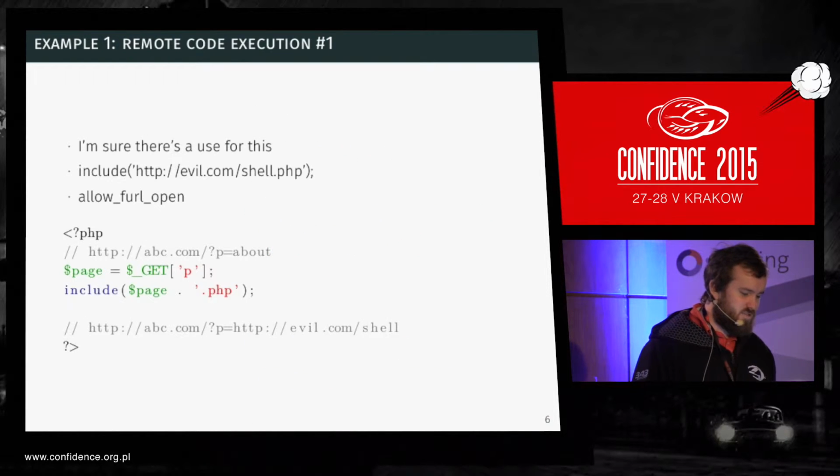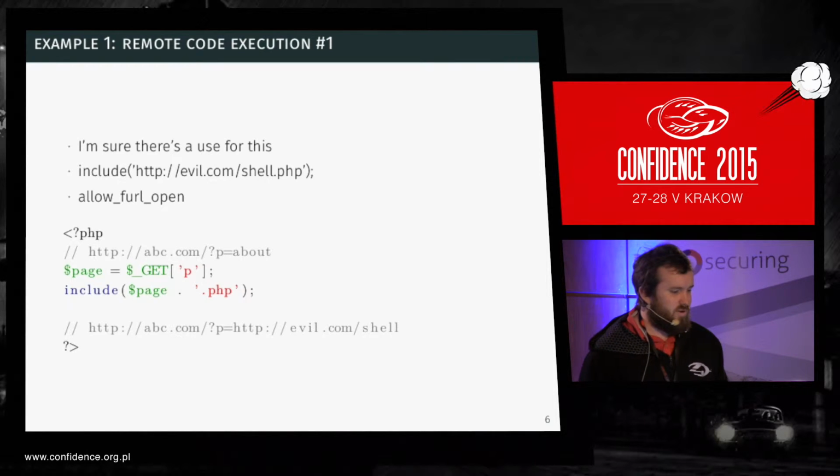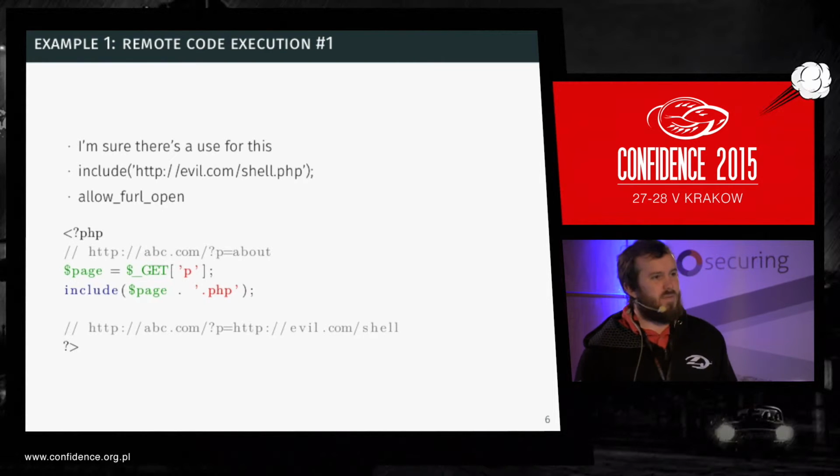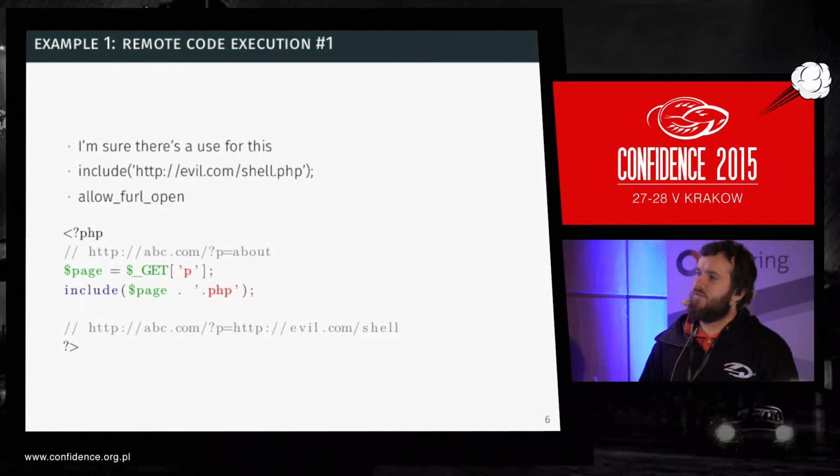So first, let's go to the first example where this can go wrong. I've shortened this example a little bit, so you probably wouldn't find something exactly like this, but something basically like this. You can have some kind of website which has a parameter which says that I want to see the about page, and then inside the code it would be something like this: take the parameter, slap on a .php, and include it.